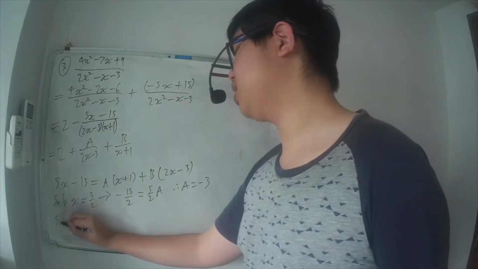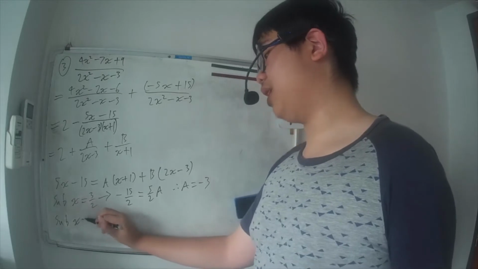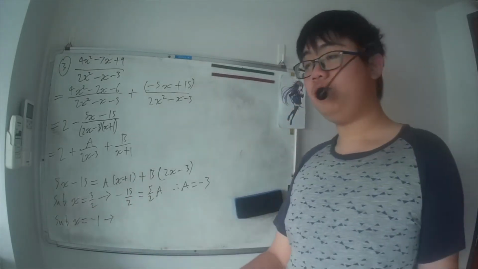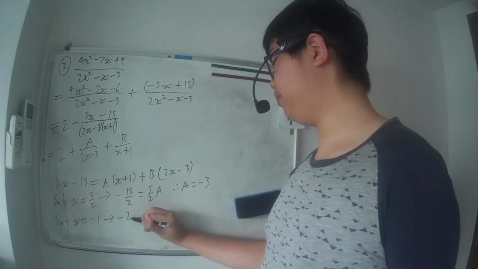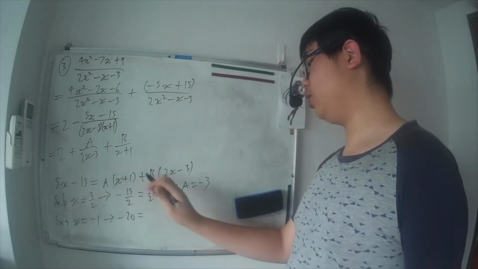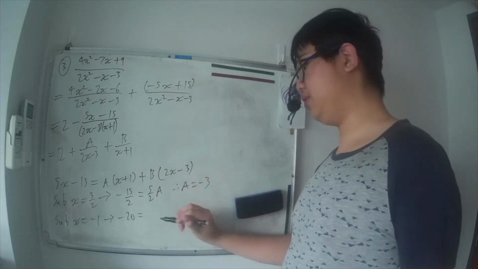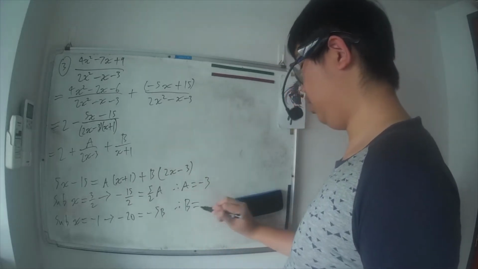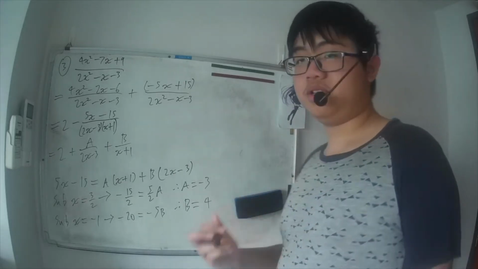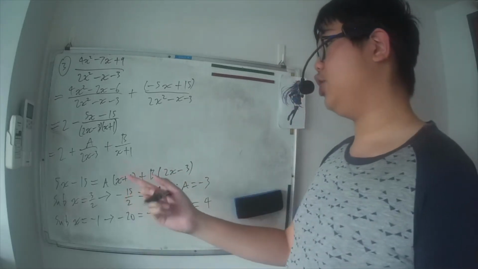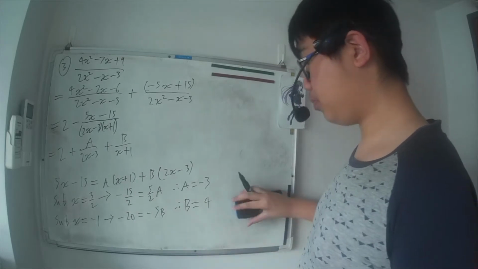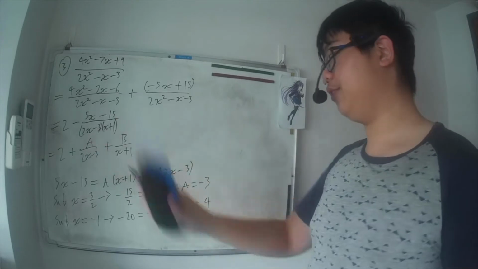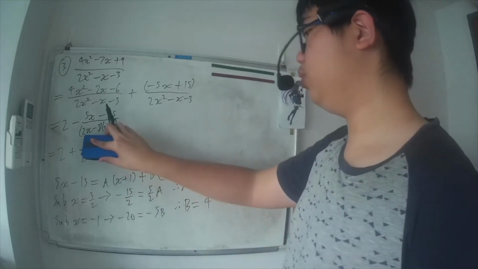Now we will sub another value of x. This time sub x equals to negative 1 because we want to get rid of this. Then this becomes negative 20 is equal to, this is gone, then this is minus 5b. Therefore your b is equal to positive 4. Then we need to replace this. However, don't forget that this is a negative, so I need to change this to a positive 3.